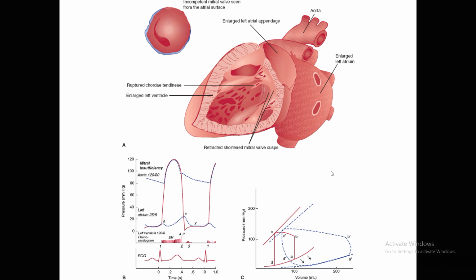The physical examination of a patient with mitral insufficiency reveals the presence of the whole systolic murmur generated by the flow through the regurgitant valve and the powerful contraction of the hypertrophied left ventricle.